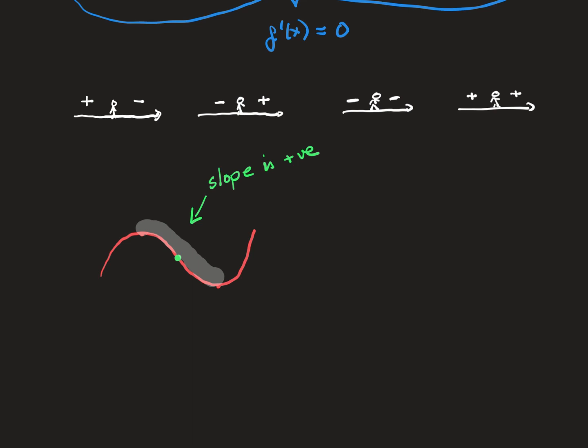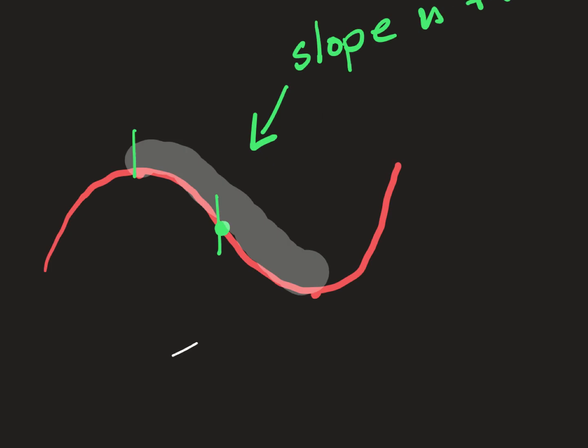So let me explain. From here to here, let's check what exactly is happening in here. If I get a ruler, I will show you that at this point over here, we have a zero slope. At this point over here, let's just pretend that the slope is -1.